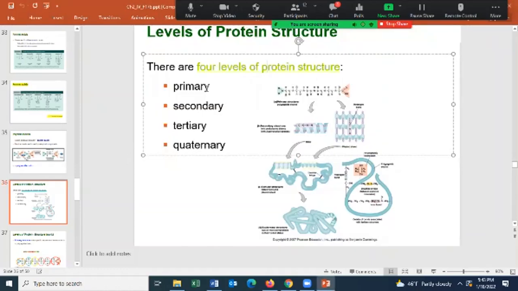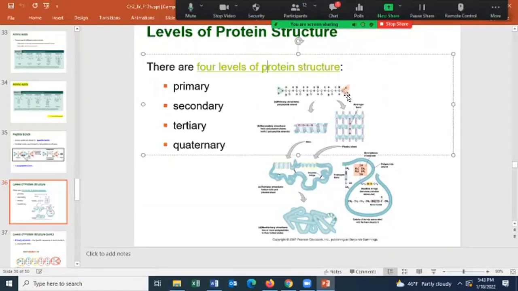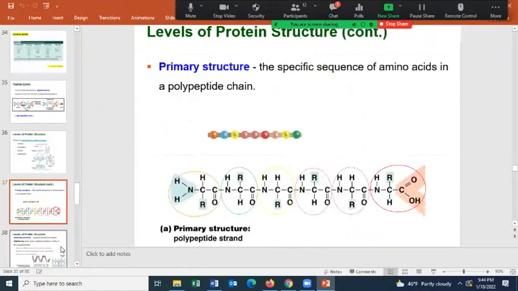So the primary level of protein structure is simply the sequence of amino acids. And that's all the protein has when it's first made. But the amino acids start interacting, and that gives rise to the secondary structure. What happens is that the nearby amino acids start interacting with other nearby amino acids.